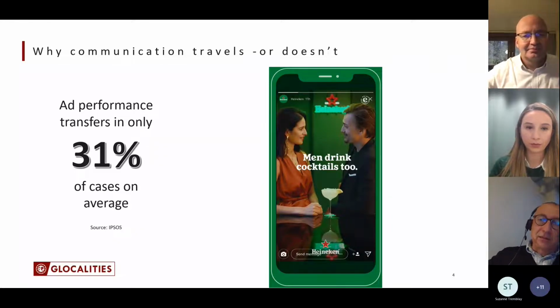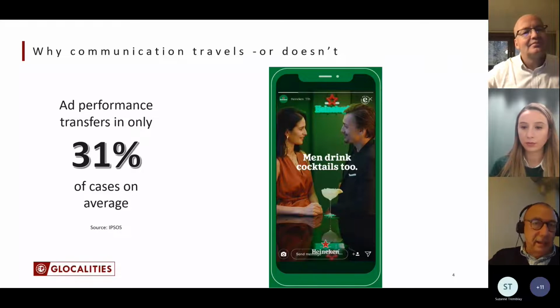This means that 7 out of 10 international campaigns do not take care of the national or cultural differences and are not delivering the outcomes that are needed to deliver the story of the campaign. That means that only 30% is effective.